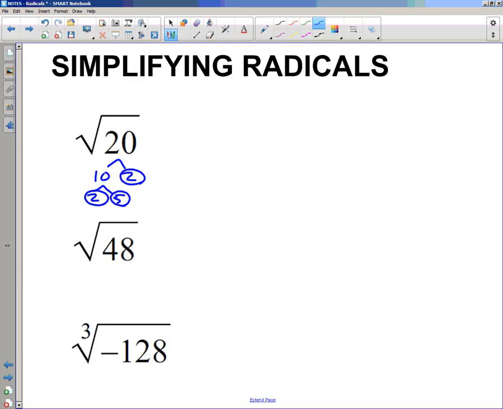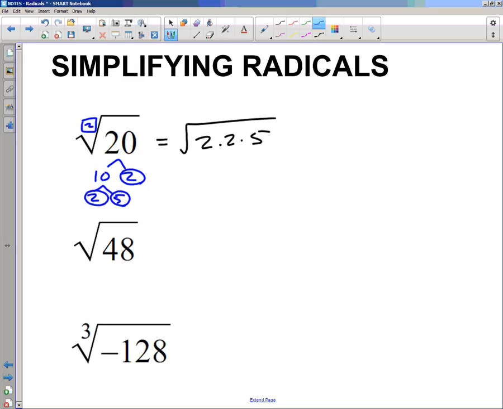So I could rewrite radical 20 as the square root of 2 times 2 times 5. If you try that in your calculator, 2 times 2 times 5 is 20, and those are the prime factors of 20. Now, since this is a square root, note that there is no index written here, which means we assume that it is a square root.